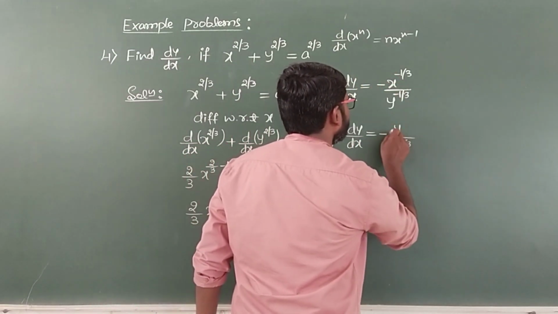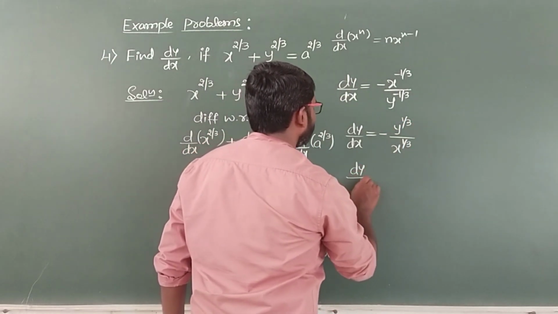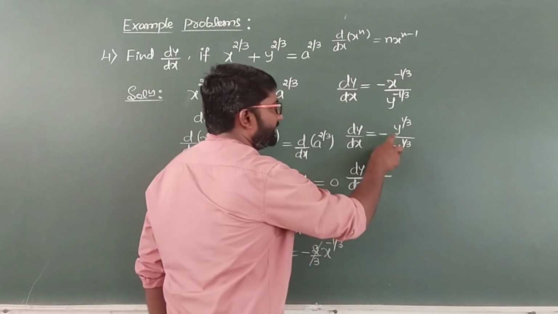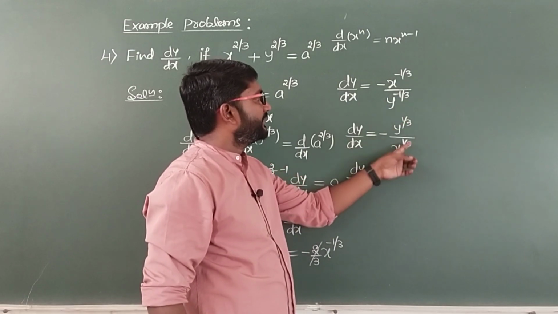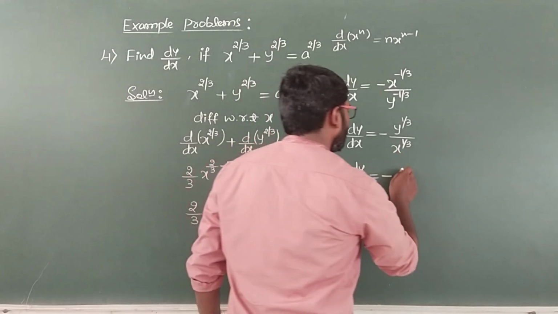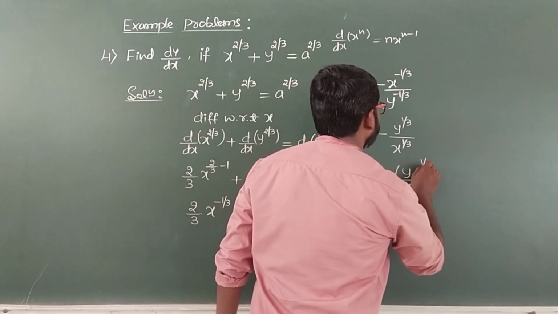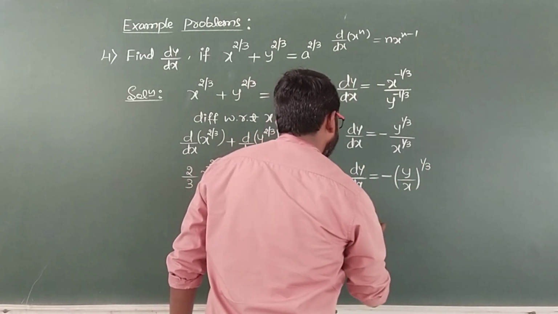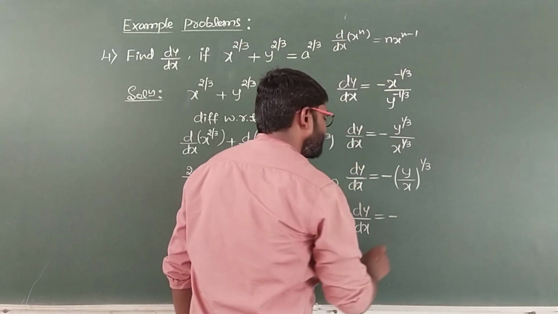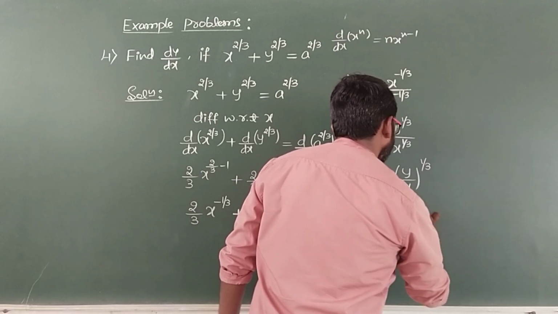Overall, this is in the form of a raised to m divided by b raised to m, which can be written as a by b whole raised to m. So overall it becomes y by x to the power 1 by 3, or dy by dx equals minus cube root of y by x.